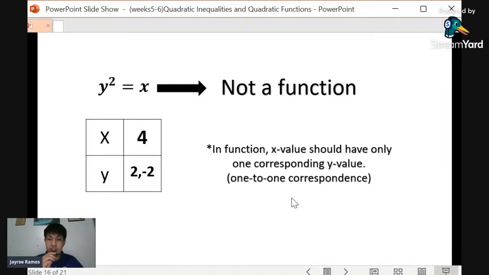Okay, explain natin in a simpler language. O, balikan natin yung TV. Ang input natin ay yung on. Di ba isa lang ang magiging output nun? Ang magiging output nun, magbubukas ang TV. Okay? Ang input, isa lang. Ang input natin, nag-on tayo ng TV. Of course, ang output, dapat isa lang din ang pwedeng mangyari sa TV.